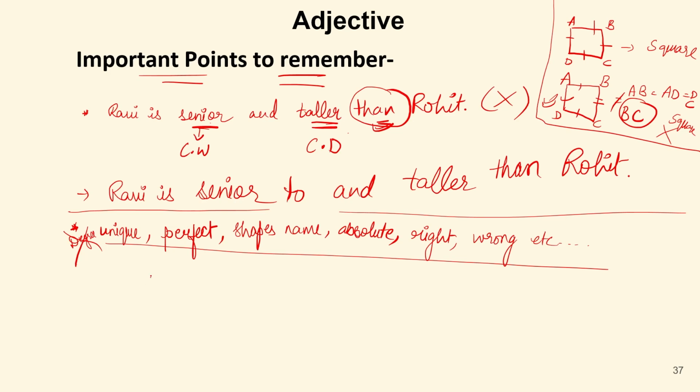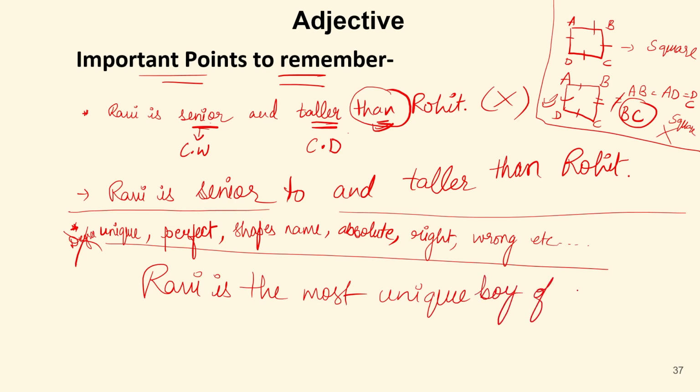Now, if I say Ravi is the most unique boy of his class. In this sentence, we see the word unique. It means Ravi is a unique boy.